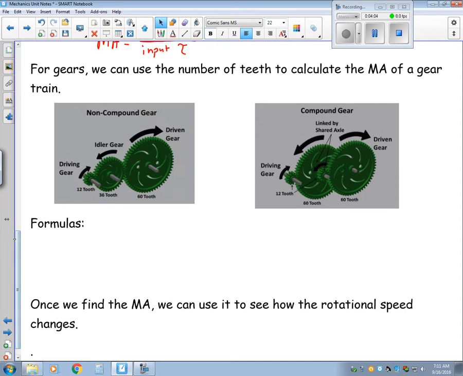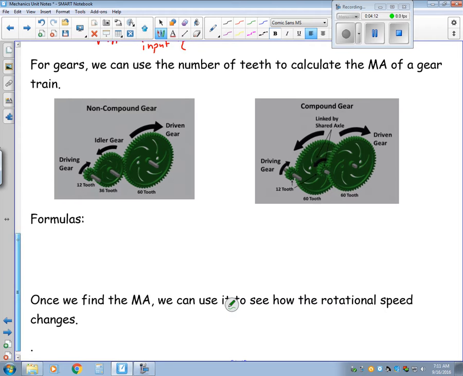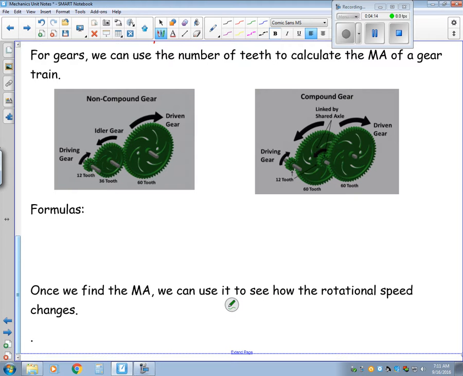Now we have non-compound gear trains and compound gear trains. Really the formulas for both are the same. It's always output over input. So here we've got the driving gear, and here we have the driven gear. The driving gear is always the input. The driven gear is always the output.